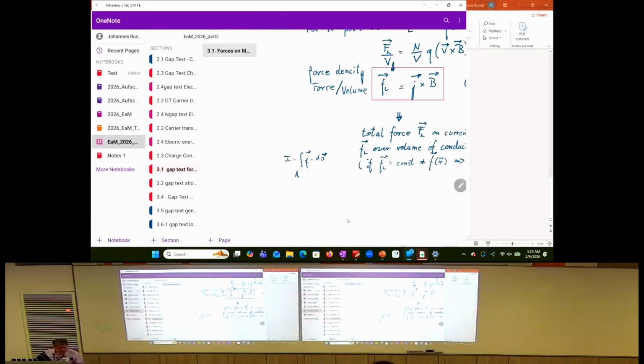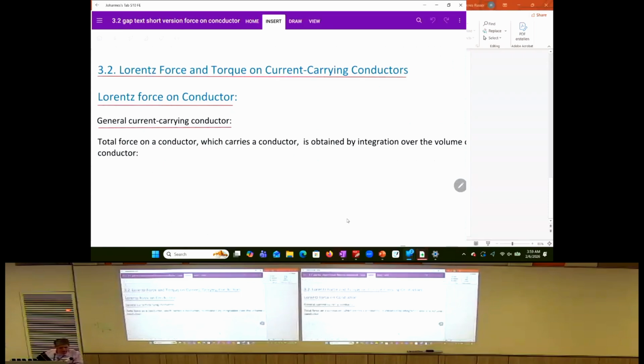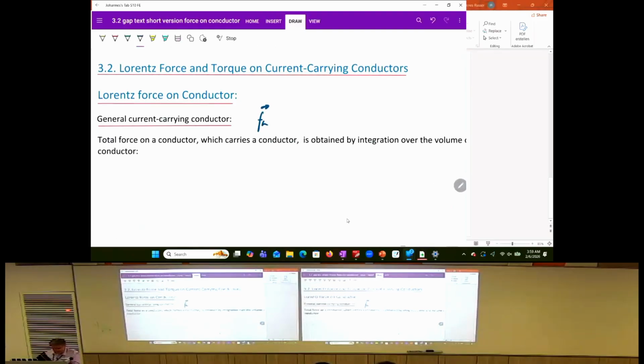So let's look at how that turns out when we really want to see what the Lorentz force on a conductor is. We already indicated we want to work with the force density, which is given by the current density cross product magnetic flux. So this is our force density.